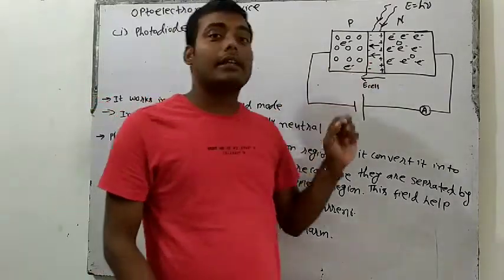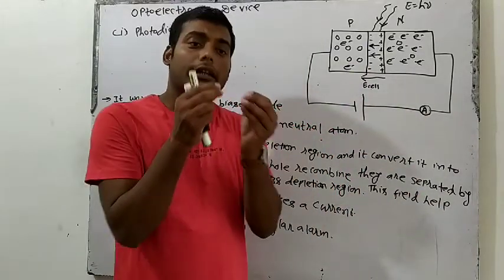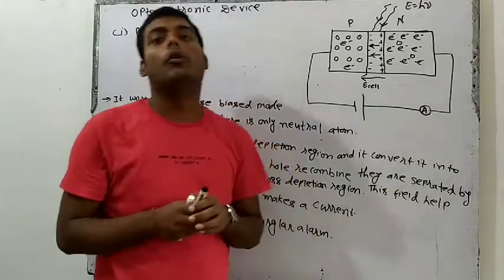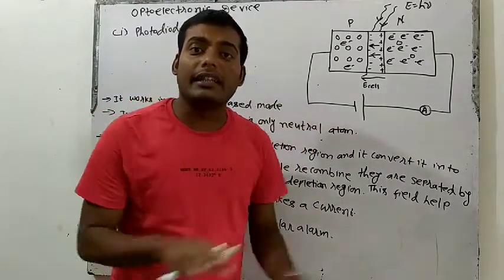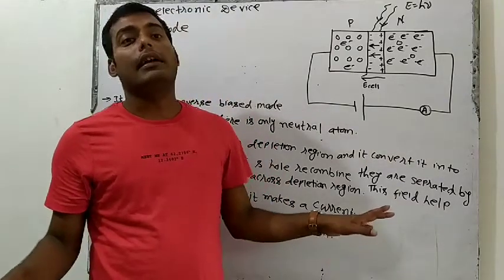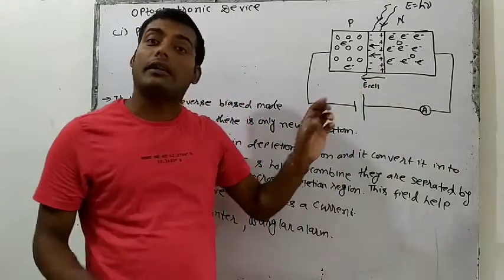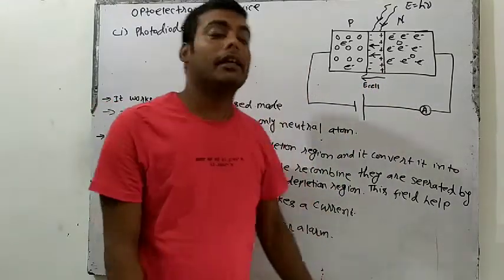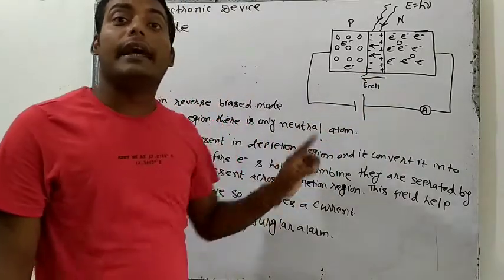Because, as I explained in the theory lecture of depletion region, when electron recombines with hole, the net effect is cancelled, and there will be a region where there is no free charge. That means all the charge will be depleted.